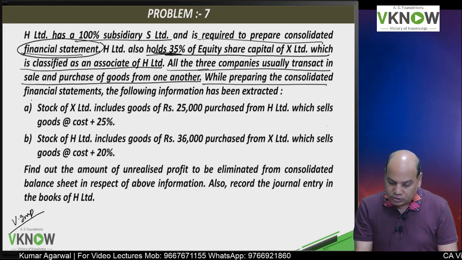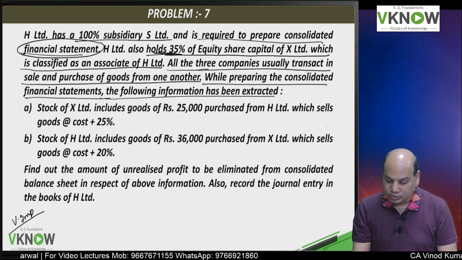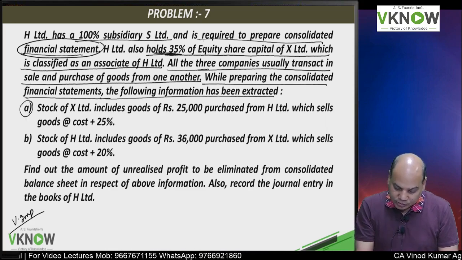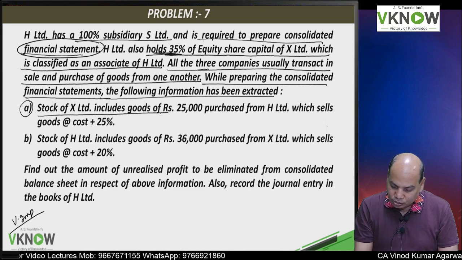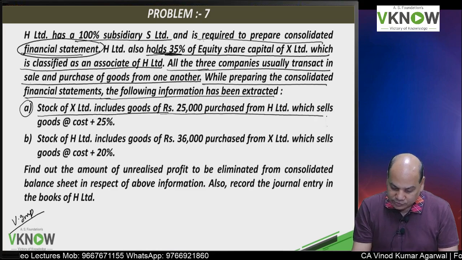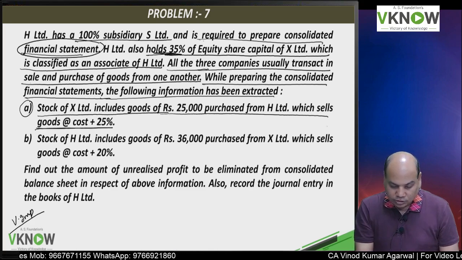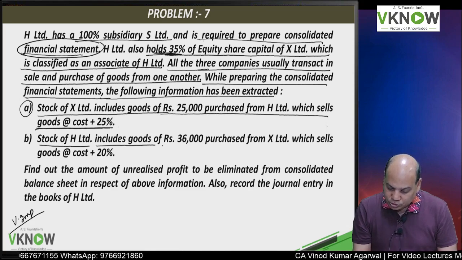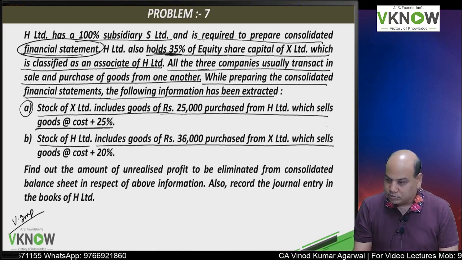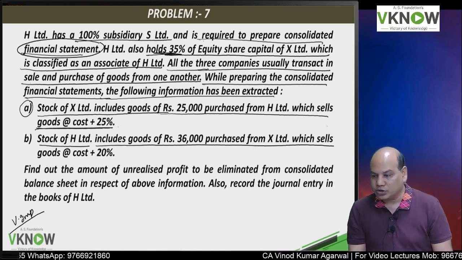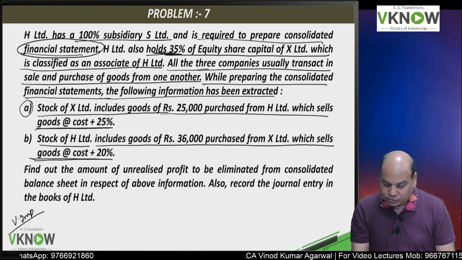While preparing the consolidated financial statement, the following information has been extracted. First, stock of X Limited includes goods of 25,000 purchased from H Limited, which sells goods at cost plus 25%. Stock of H Limited includes goods of 36,000 purchased from X, which sells goods at cost plus 20%.